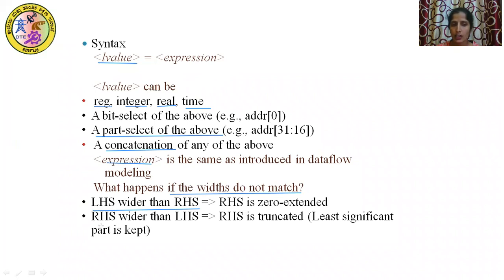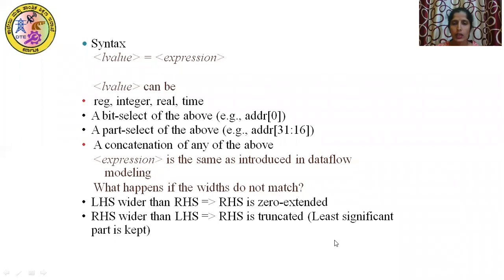Whereas if the RHS is wider than the LHS, then the RHS is truncated. That is, the least significant part is kept and the most significant part is truncated. This is what happens if the widths do not match in a procedural assignment.